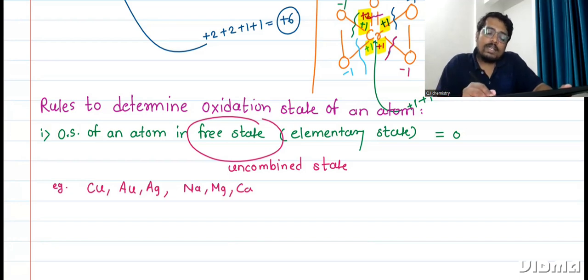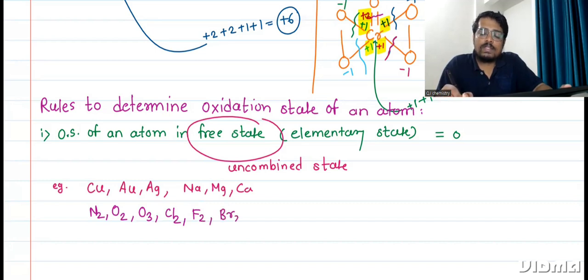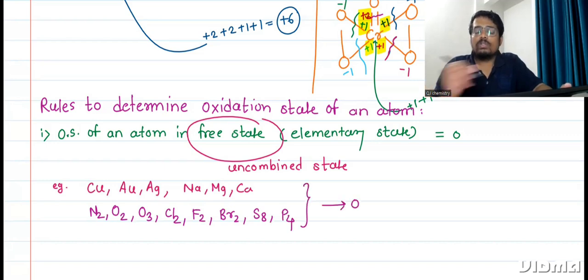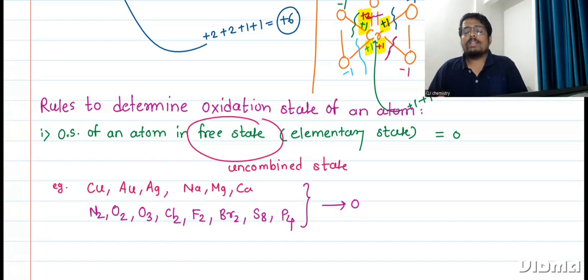Similarly, the non-metals such as nitrogen, oxygen, ozone, then chlorine, fluorine, bromine, sulfur, phosphorus molecules. For these elements, the oxidation state is equal to zero. So in the elementary state, the oxidation state of an element is taken as zero.